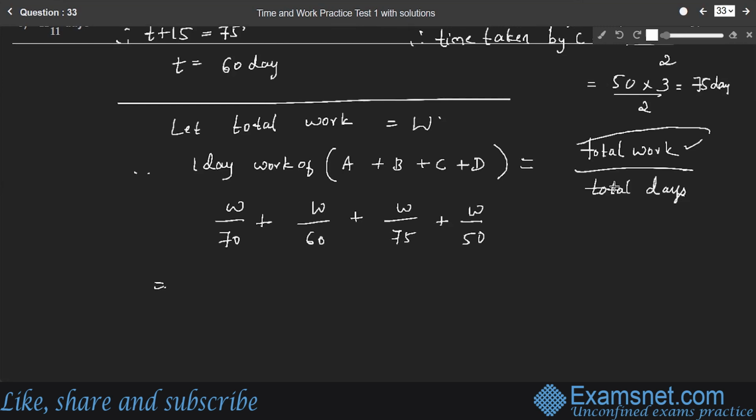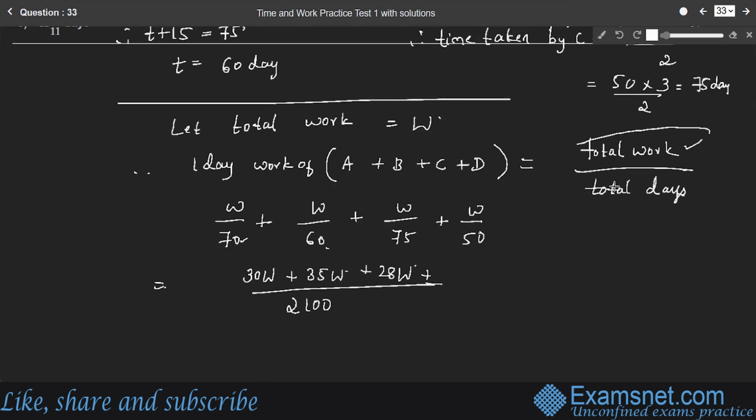Therefore, their one day work becomes, here the LCM of 70, 60, 75 and 50 is 2100. And the numerators become: 70 into 30 is 2100, so the numerator becomes 30W. 60 into 35 is 2100, so the numerator becomes 35W. 75 into 28 is 2100, so the numerator becomes 28W.